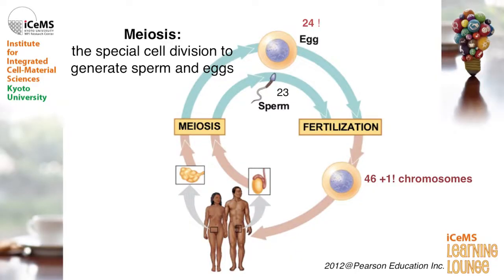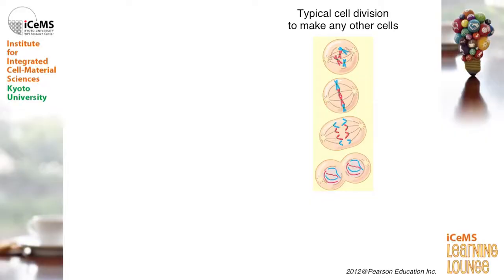The biological process that creates eggs and sperm is called meiosis. It's a special type of cell division. In a typical cell division, a single cell replicates its DNA and divides once into 2 cells.